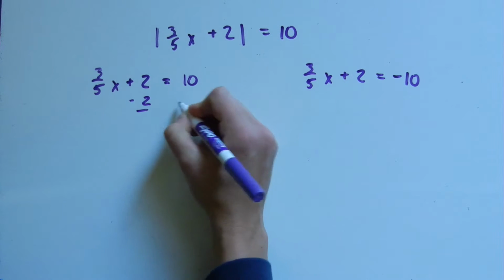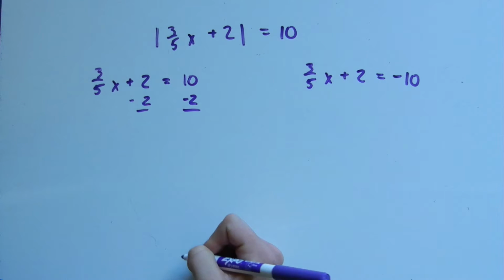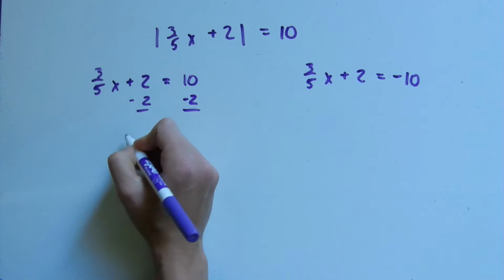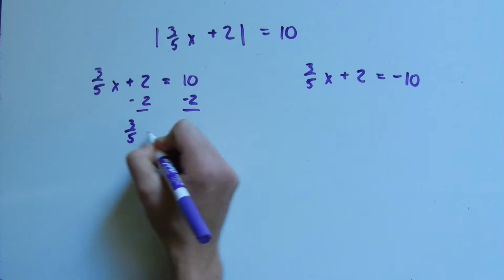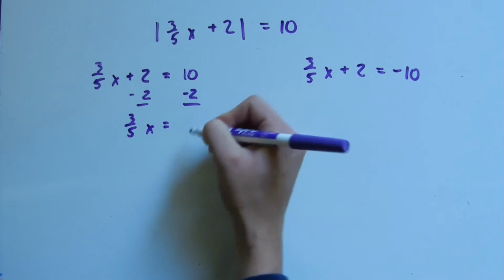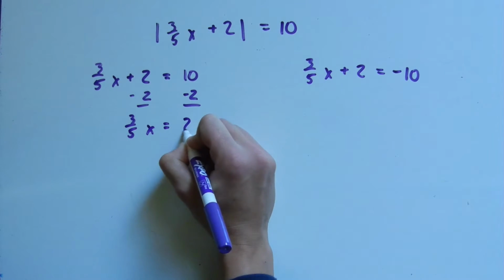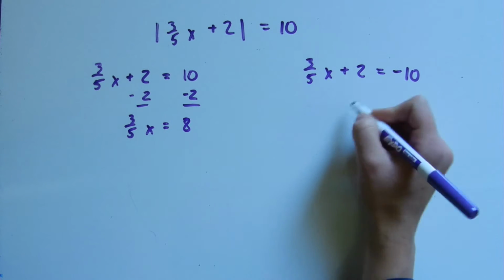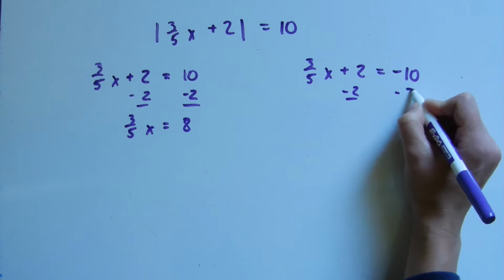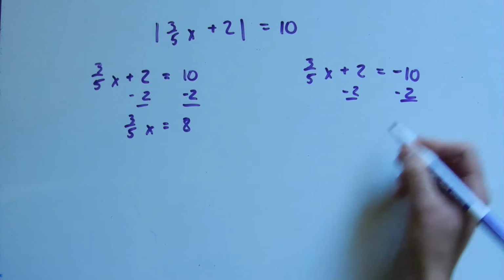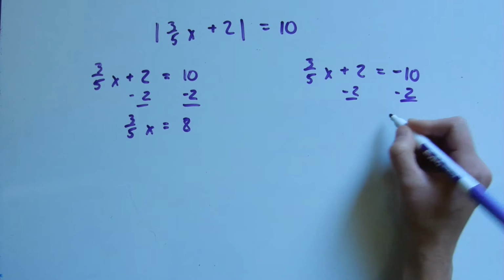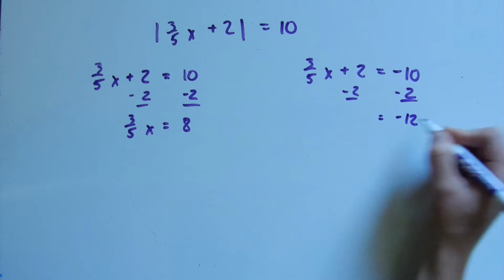Start by subtracting 2 from both sides. So we're left with 3/5 x is equal to 10 minus 2, which is 8. Over here, start by subtracting 2. Negative 2 minus 2 is going to be a negative 12.